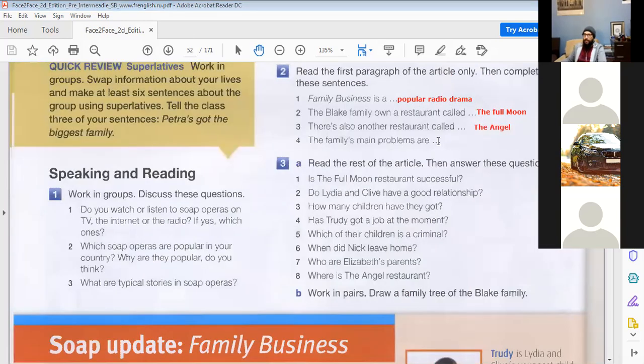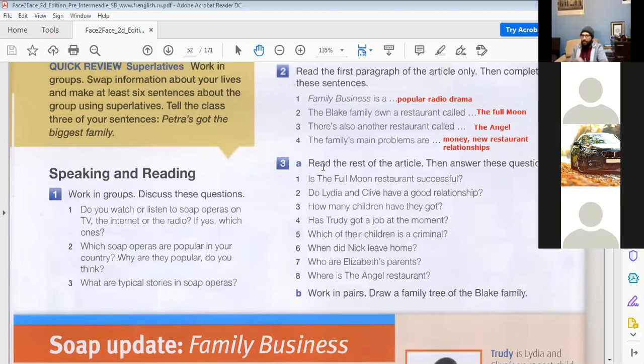So the family's main problems, we have money and a new restaurant opening. This is also another problem for them. And relationships. The family has problems in their relationships. Okay, so now we have an idea about this soap opera or this drama series.